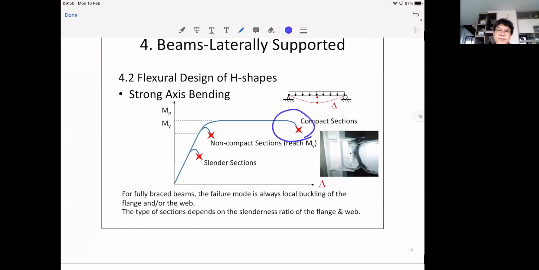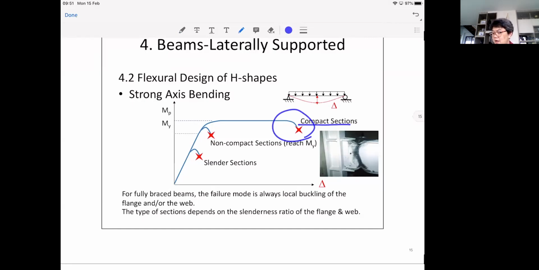Your beam could reach MP if all the elements are compact, but now you know web is compact. So if the flanges are compact, both of them are compact, we call that a compact section. I mentioned this the last time, right?